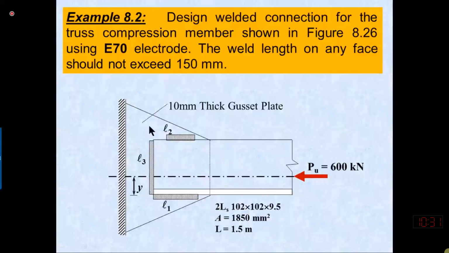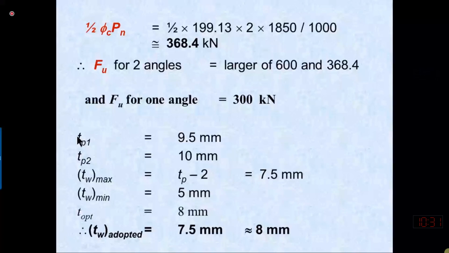Yes, this one. So TW minimum is based upon TP1. Our TP1 is between 6 and 13 millimeter. TP1 is 9.5, so our TW minimum will be 5 millimeter. That is what we have written over here. TW minimum is 5 millimeter because TP1 is between 6 to 13 millimeter.